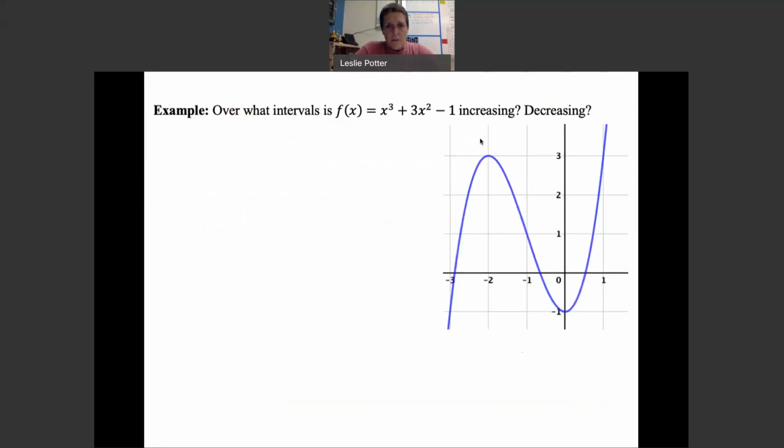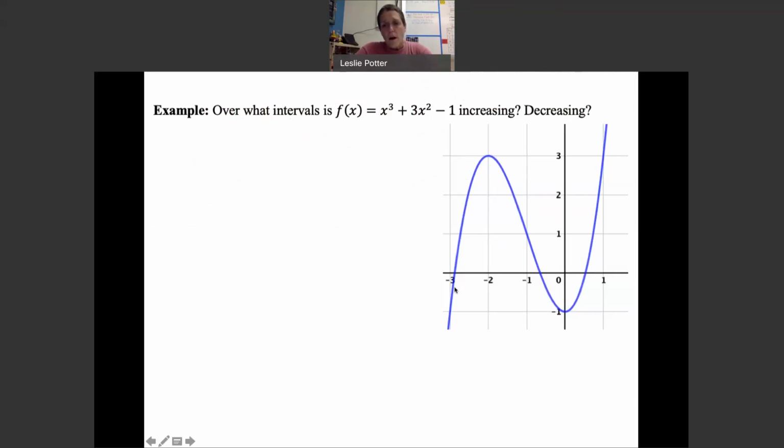So let's take a look at this on a free response type of question. What I'm doing is I'm giving you the graph just to help you have a visual. The actual question stem was just this. It wasn't a graph at all. It says over what intervals of f of x, which is x cubed plus 3x squared minus 1, is it increasing and over what intervals is it decreasing?